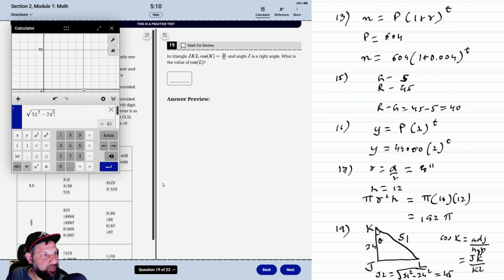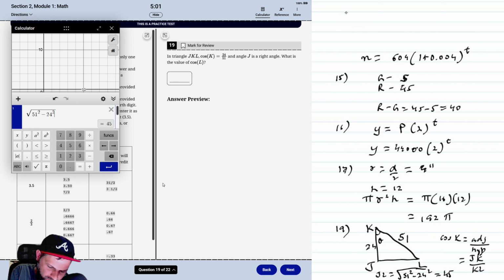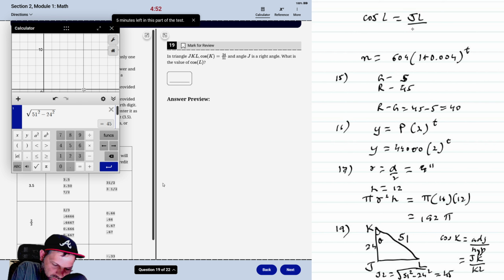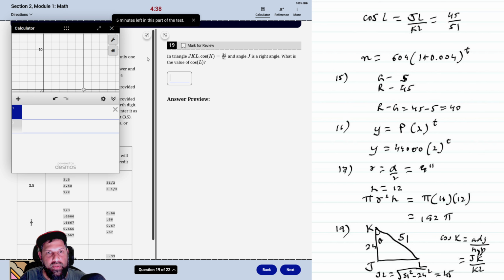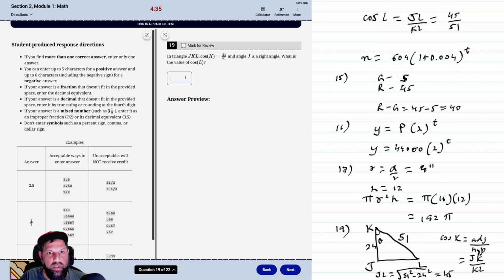I'm going to erase this top part, and we know that JL is 45 now. Cosine of L is going to be equal to JL over KL, which is 45 over 51. So the value of cosine of L is 45 over 51. We've got 5 minutes left.